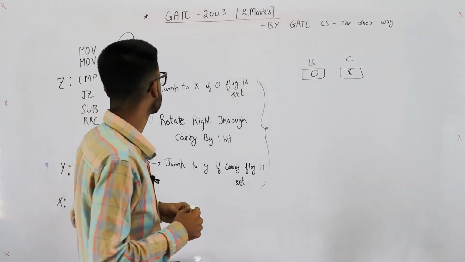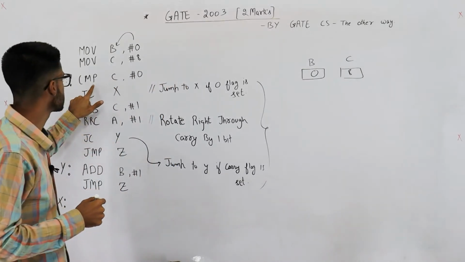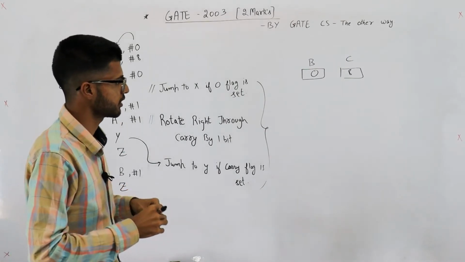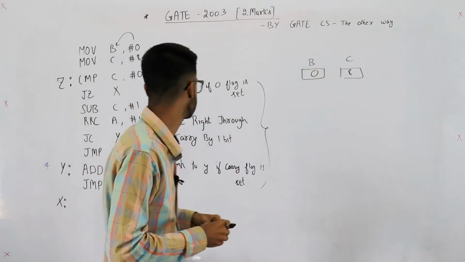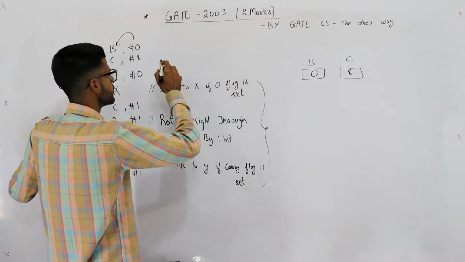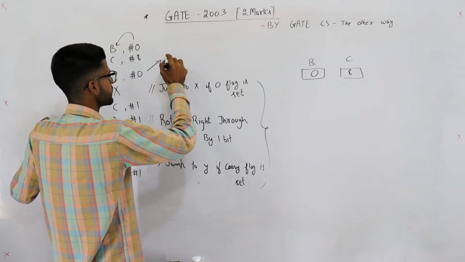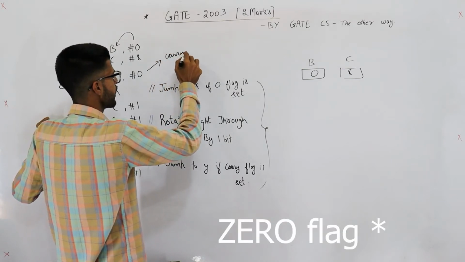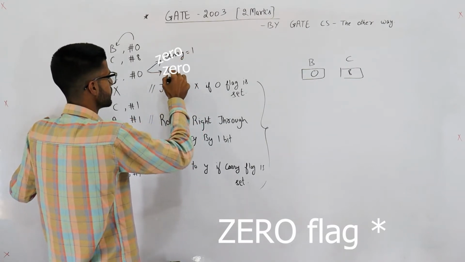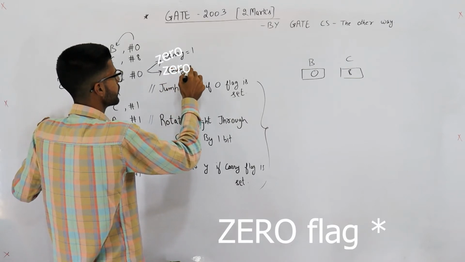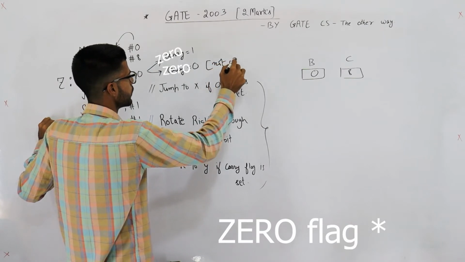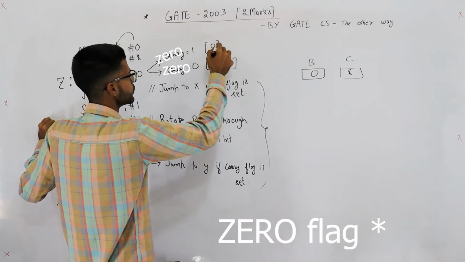Now after initializing the data, the next line is CMP C, 0. This means whatever is there in this register C, compare it with 0. Now you know that after comparison, if the data in C was 0, we will set the flag equal to 1. If the data was not 0, we will set it equal to 0.